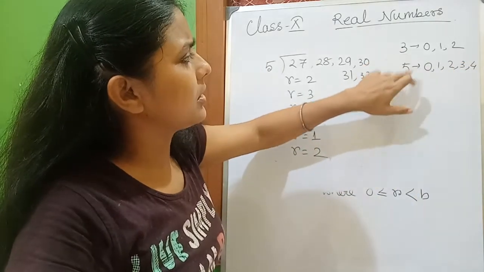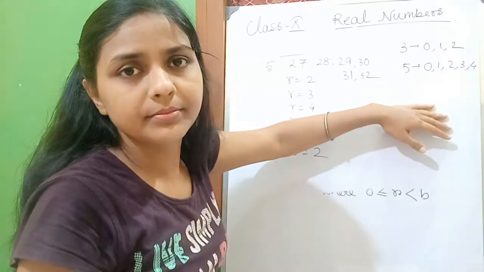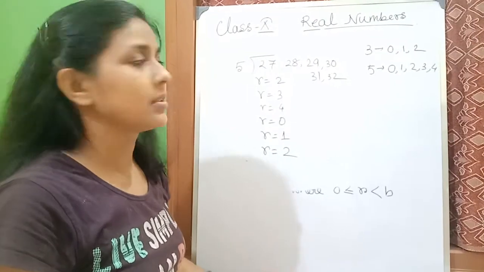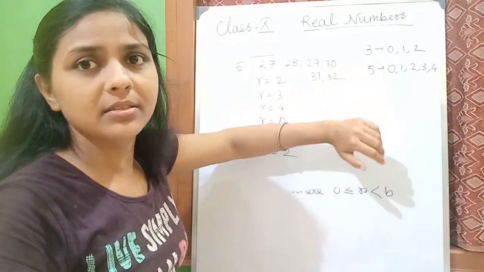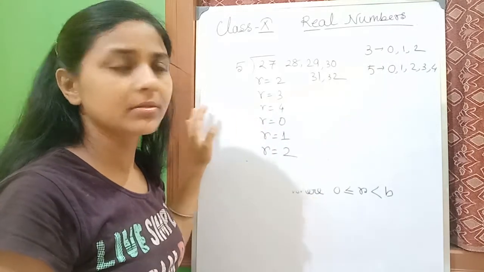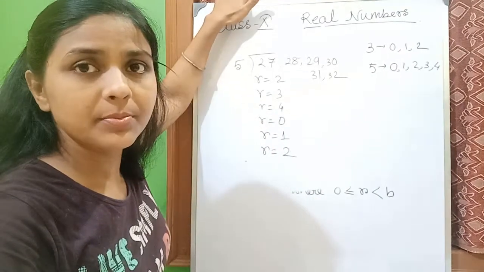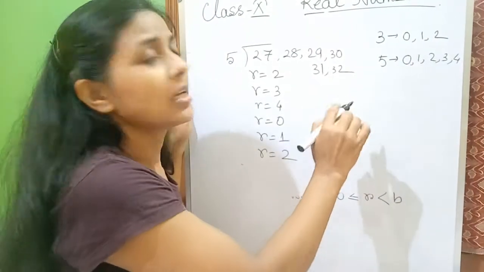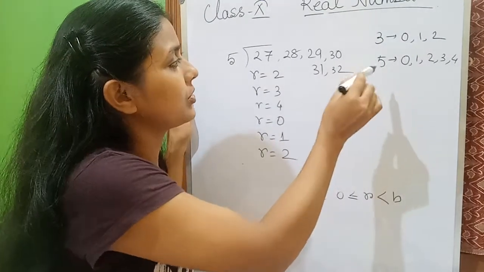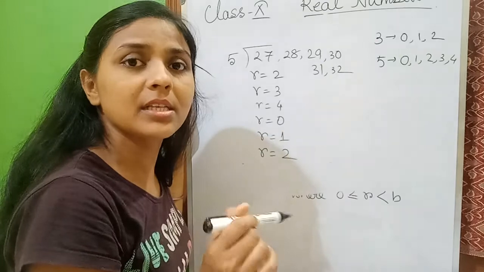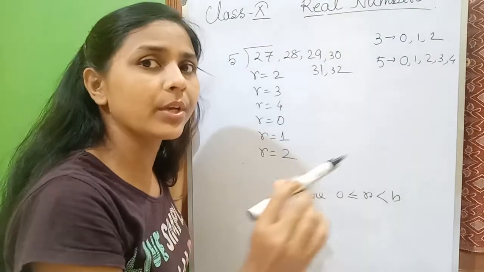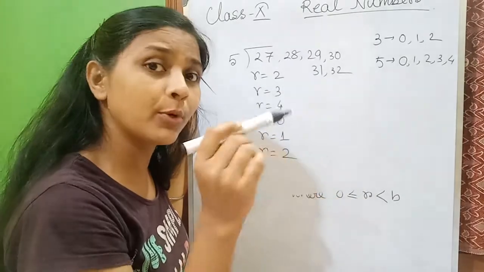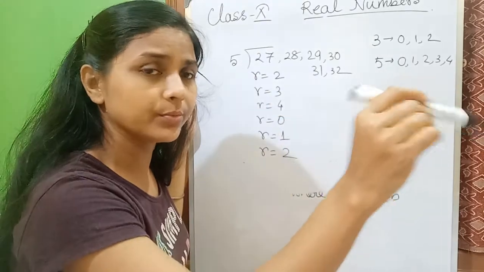Can you see any similarity here? I hope so. What is the similarity? The similarity is, wait, a little bit of light problem. I hope now you can see. So the similarity is that for 3, the remainder possibilities start from 0 and go upward, but stop before 3: 0, 1, 2.